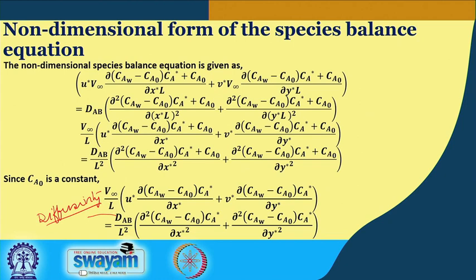D A B, as we learnt earlier, signifies the diffusivity of A in another species B. Here we are assuming it has only two species, a binary mixture, so we write D A B. If there is a multi-component mixture, we can also talk of diffusivity, but then we do not write D A B, and multi-component situations are not dealt with in this particular equation, as they have a different formulation for the diffusivity coefficient.